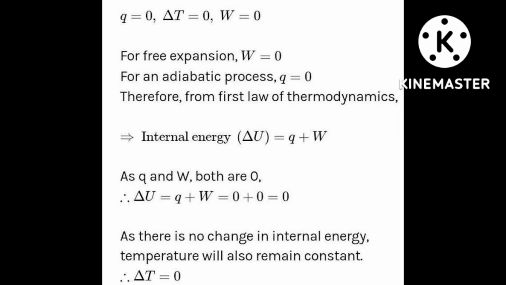Already one minus was there in minus W, and now due to expansion another minus, so minus minus becomes plus. That's why Q is equal to 2.303 nRT log V final divided by V initial. This is the second relation.